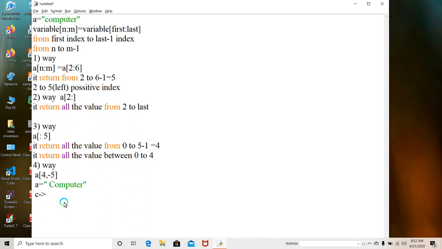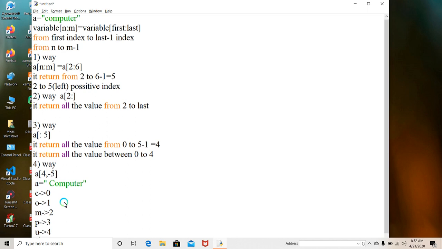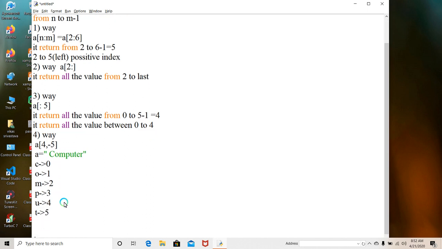C is on index 0. O is on index 1. M is on index 2. P is on index 3. U is on index 4. T is on index 5. E is on index 6. And R is on index 7. That is starting from this left side.